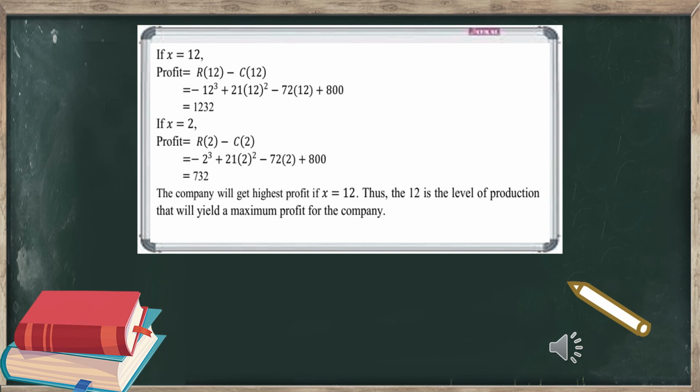And then if x equal to 2, we place 2 into x, we got negative 2 power of 3 plus 21 times 2 squared minus 72 times 2 plus 800, and then we got the final answer 732. We can conclude that the company will get the highest profit if x equal to 12. Thus, 12 is the level of production that will yield a maximum profit for the company.